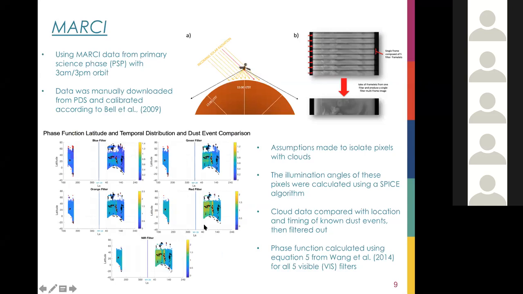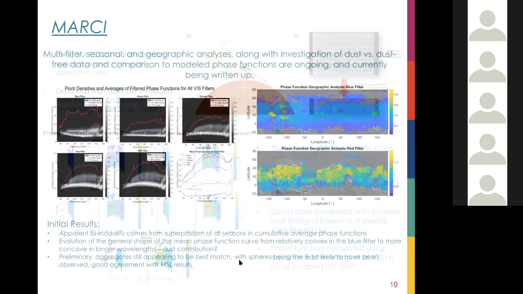So this plot on the left shows you phase function values over our entire observing time. So this is 2 Mars years, and we have latitude versus LS. And then these black and red dots correspond to catalog dust storms, and the red ones are dust storms where clouds were observed. So we filtered out all our data that overlapped with that as a result. And then we determined the phase function for each of those 5 filters.